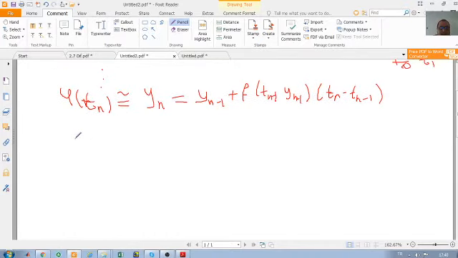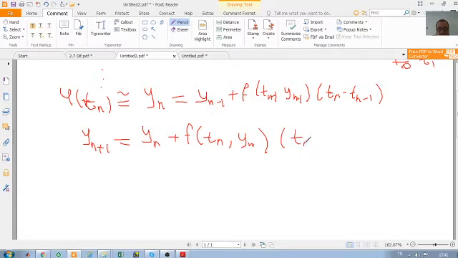And generally we write shortly y n plus 1 is equal to yn plus f of tn, yn times tn plus 1 minus tn.